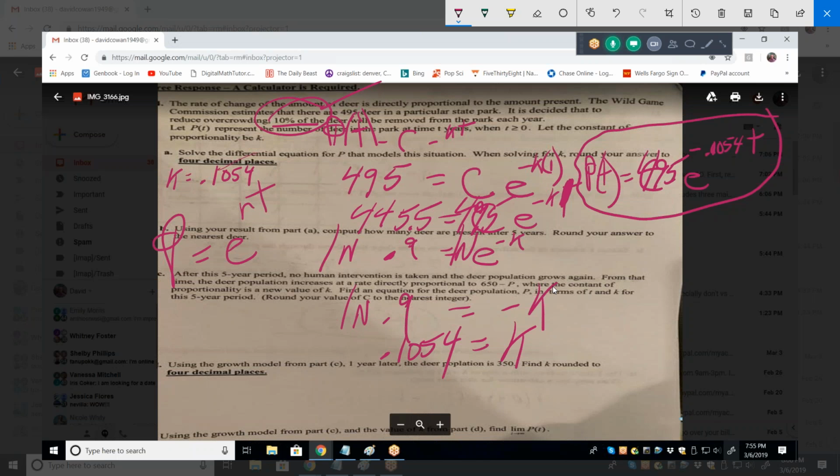The second year there are only going to be 445 and a half present, and I'm going to lose 10% of them. Well, it seems like this whole function is structured so that k is that 10%, but I don't know for sure.